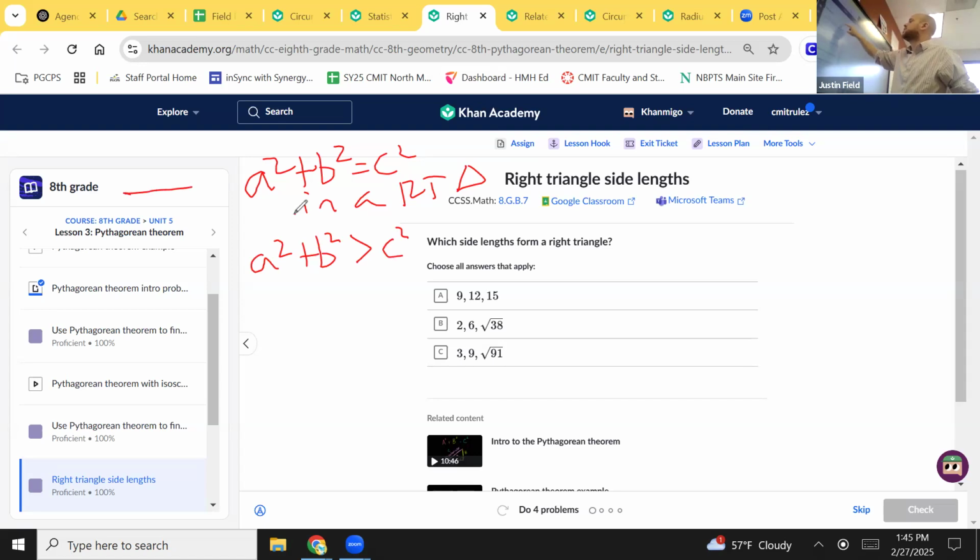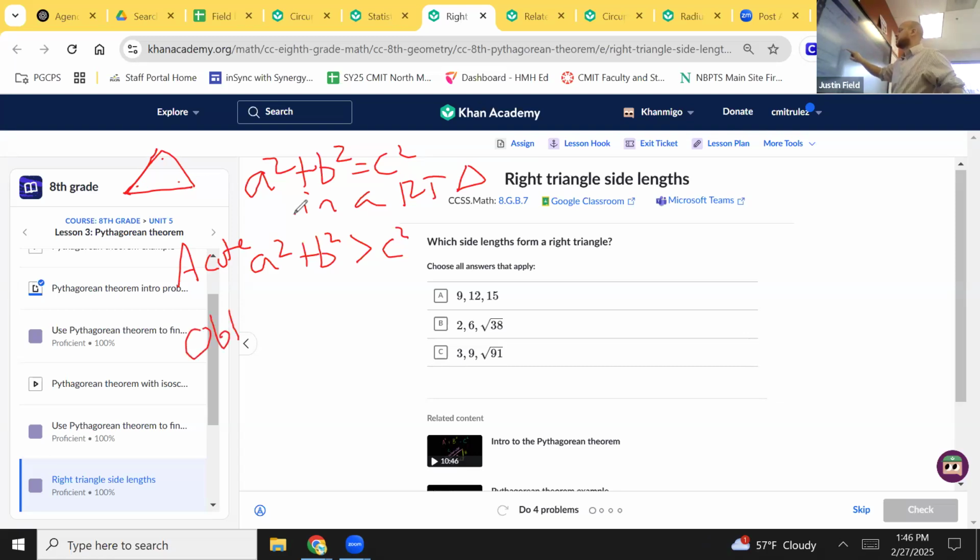So now we got a shorter c, right? That would happen in an acute triangle. Okay, so if c is shorter, you can see that we have acute angles. So this is acute.